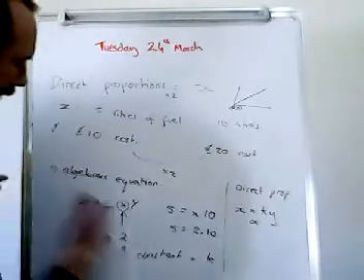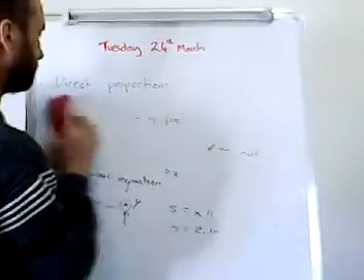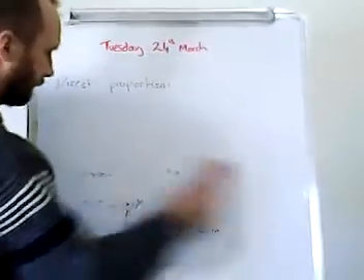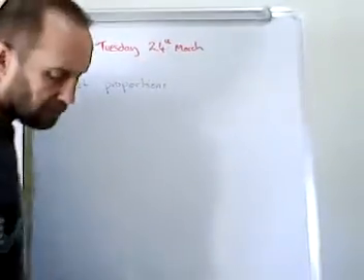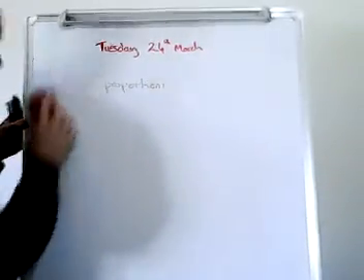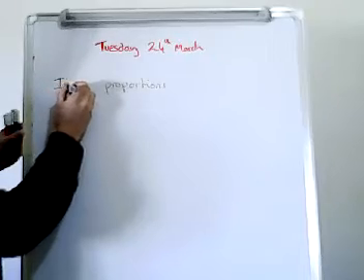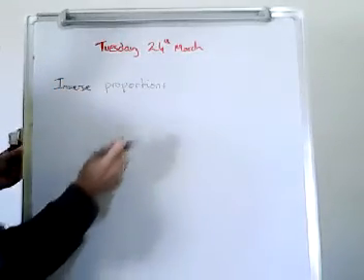Now we're going to carry on a little bit. This is explained in the book, but I'll try and explain it on the board as well. We're now going to go on to look at inverse proportion.